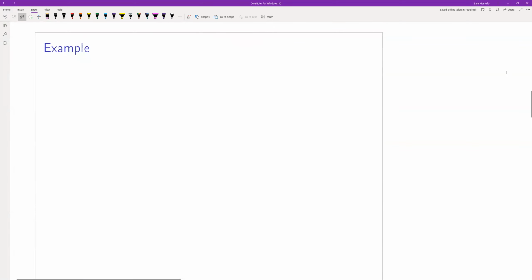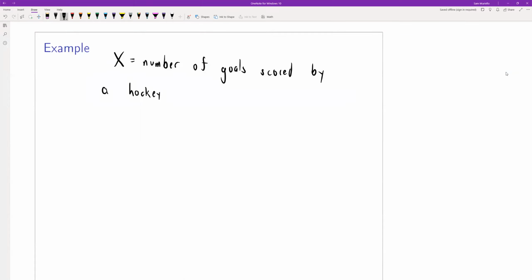Let's go ahead and make an example here. Let's suppose that x is going to represent the number of goals scored by a hockey player in a game.